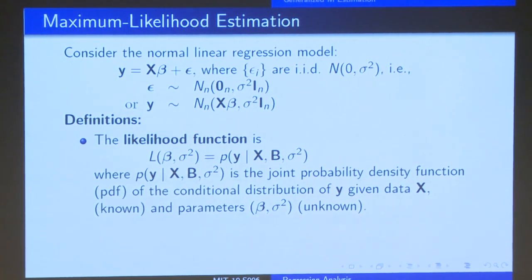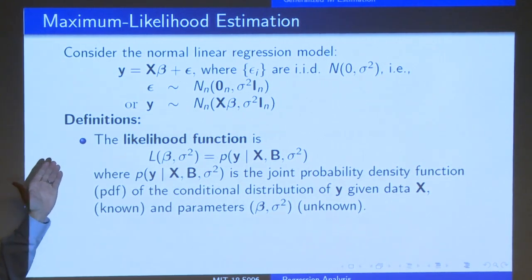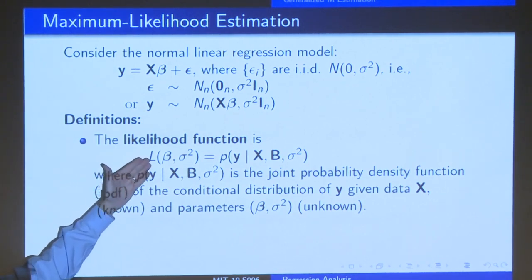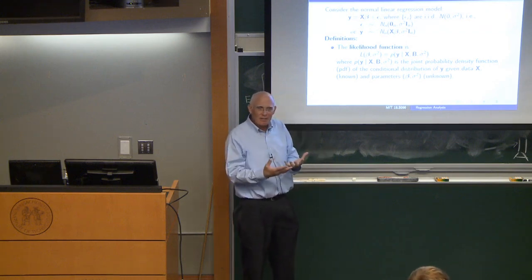In fitting models and statistics, maximum likelihood estimation comes up again and again. With normal linear regression models, it turns out that ordinary least squares estimates are in fact maximum likelihood estimates. What we want to do in maximum likelihood is define the likelihood function, which is the density function for the data given the unknown parameters.